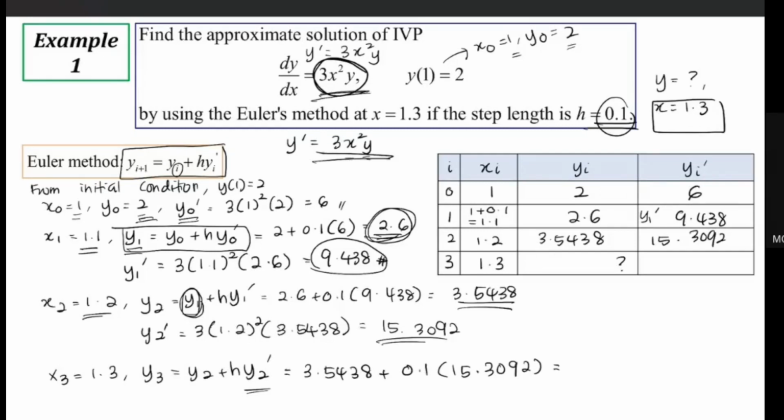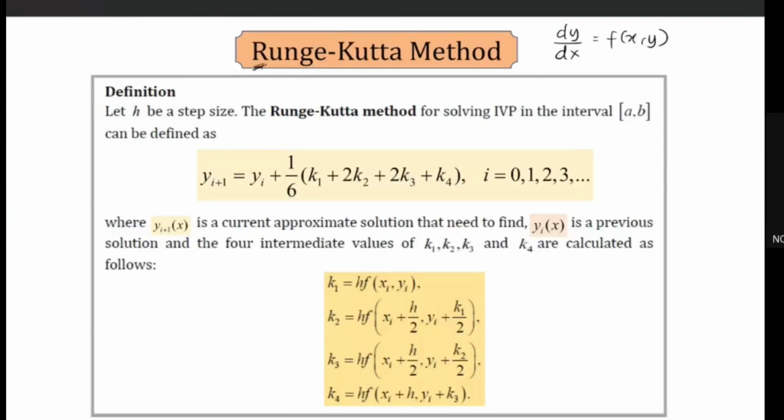So the answer is 5.0747. This is the answer, 5.0747.